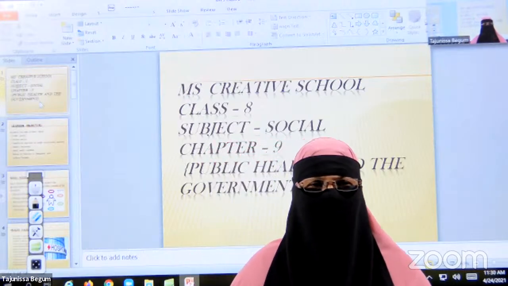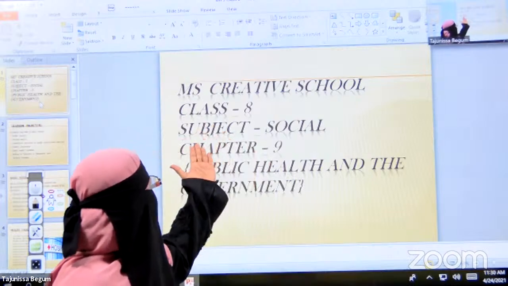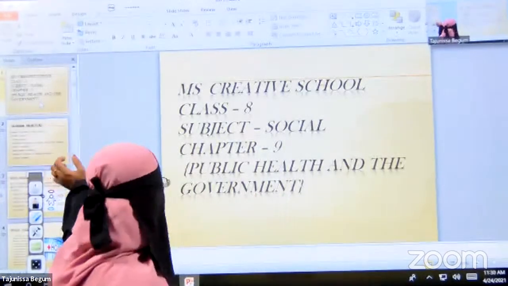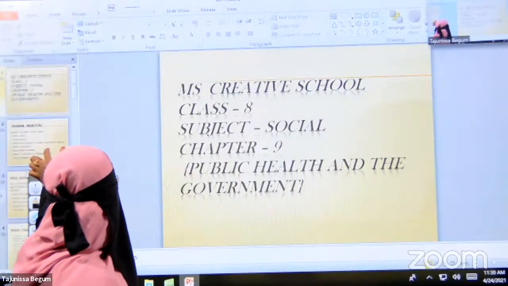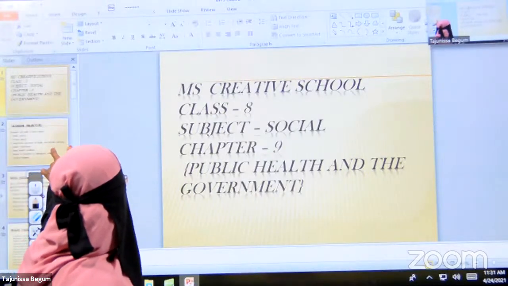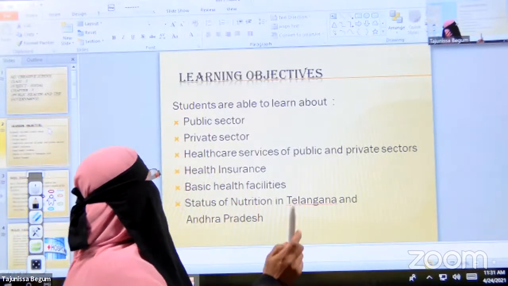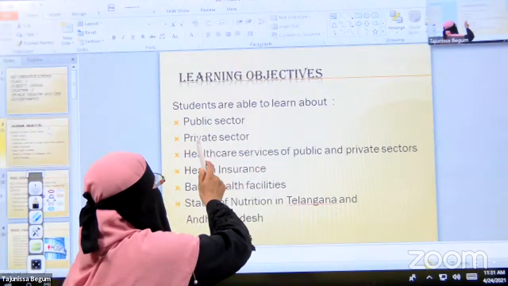As a citizen, we are going to read today chapter 9, public health and the government. Learning objectives: what are we learning today? Students are able to learn about the public sector.